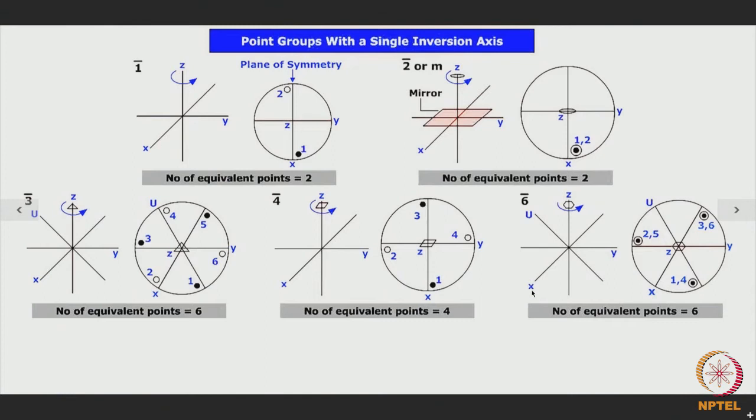In a similar way, when we come to the 6-fold roto-inverter or 6-fold rotation inversion axis, this kind of symmetry element you get in case of hexagonal system only.